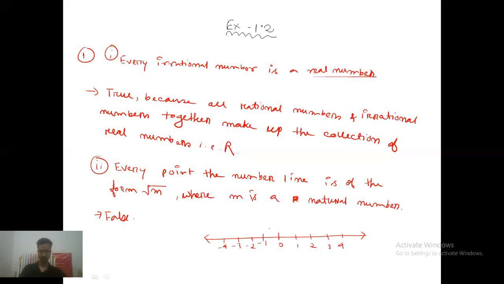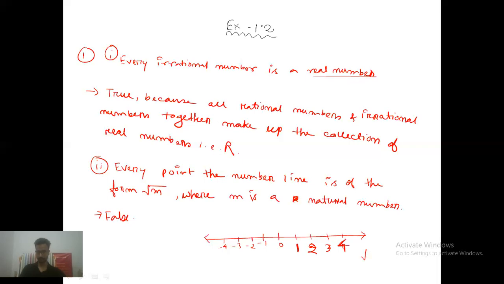Now see, root 1, every point on the number line is of the form root m. Now see, root 4. See carefully, okay? Try to understand the statement. Suppose this is the point 4.